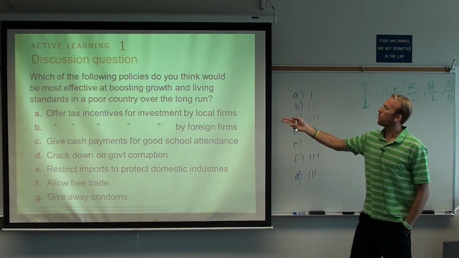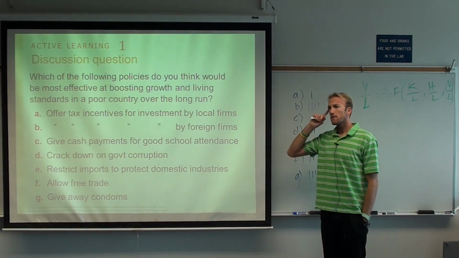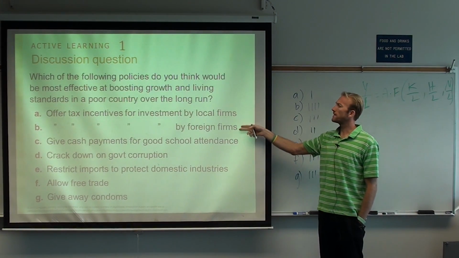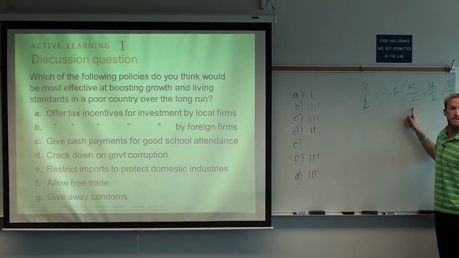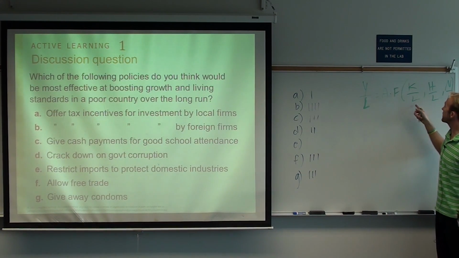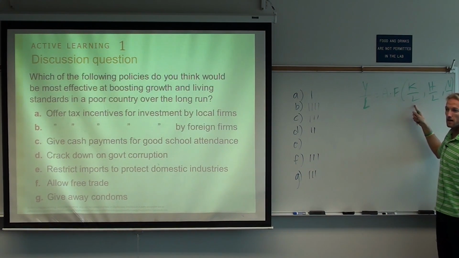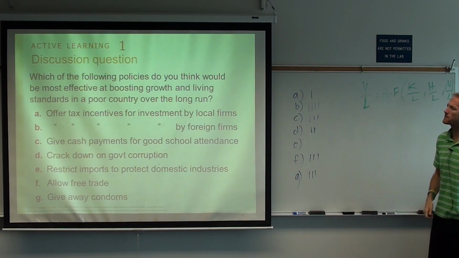Now the question is, why local firms over foreign firms, or why foreign firms over local firms? My question would be, why even make a difference, right? It doesn't matter who's investing in this capital. As long as the capital is here in the country to be used, Y over L can go up. Okay, we'll talk about it a little bit more in a couple slides.